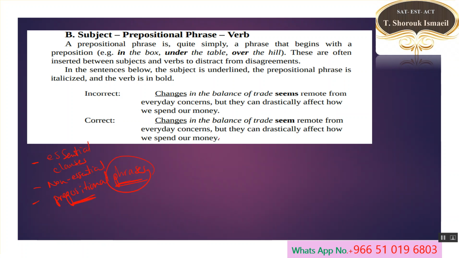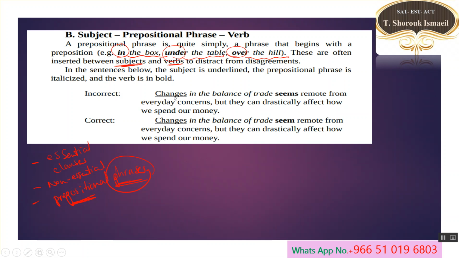You find a preposition and then it's followed by a phrase, like in the box, under the table, over the hill. All of these are prepositional phrases. They are inserted between the subject and the verb in order to distract the reader.